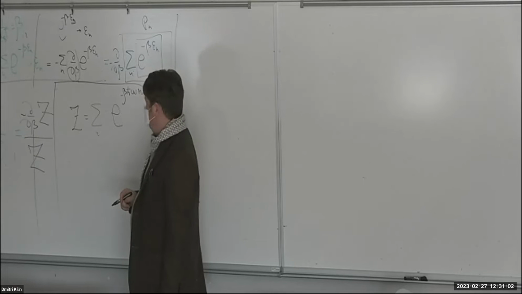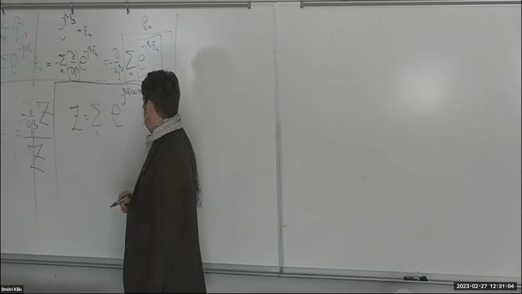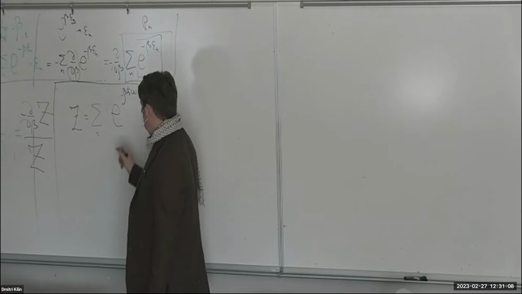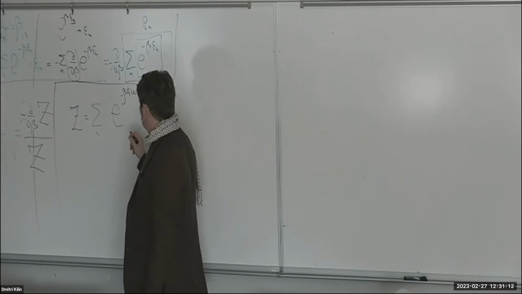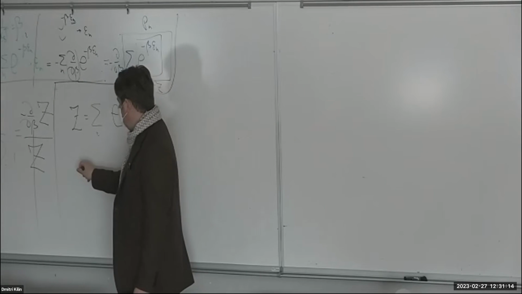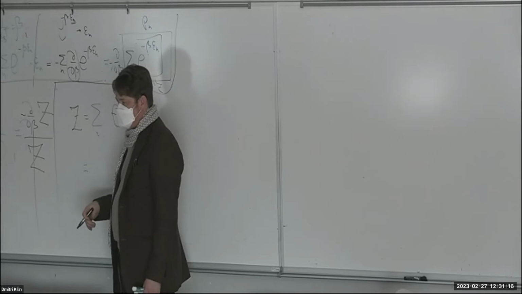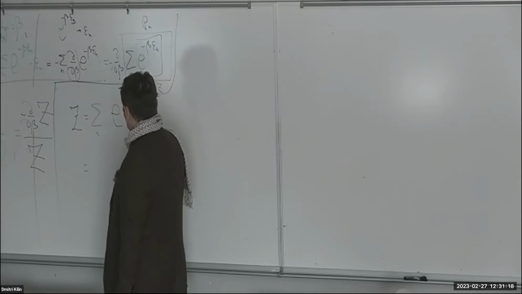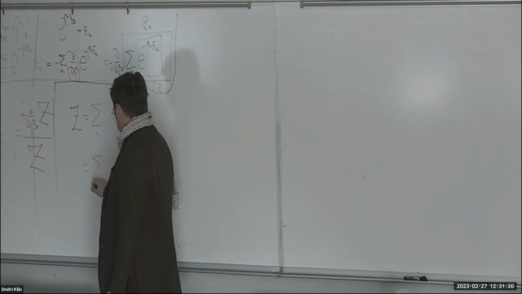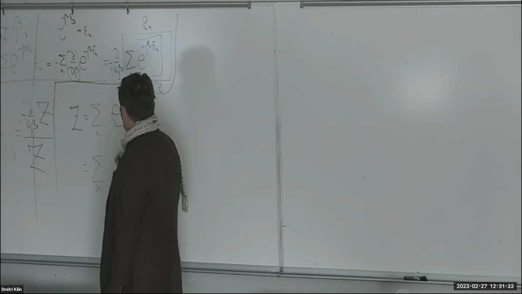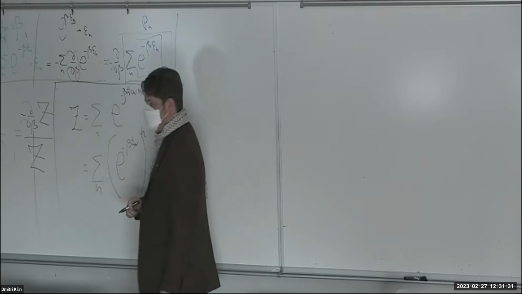So the partition function for one harmonic oscillator is an infinite series summation. But can we simplify it based on our exercises today? So we can consider it as e to the power minus beta h bar omega, to the power n, right?